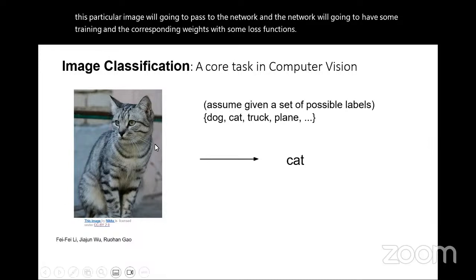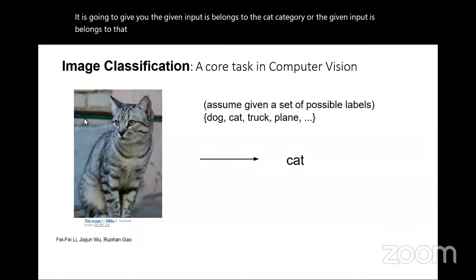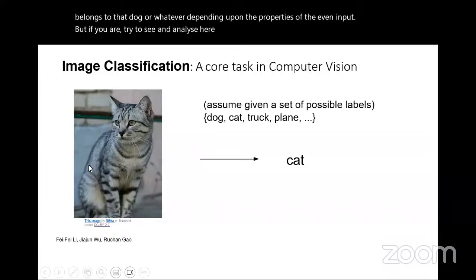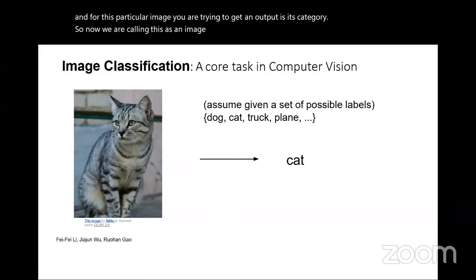It is going to tell you whether the given input belongs to the cat category, or the dog category, or whatever, depending upon the properties of the input. But if you analyze here, this is an image where a single object is present, and for this image you get an output that is its category. So we call this an image classification problem.